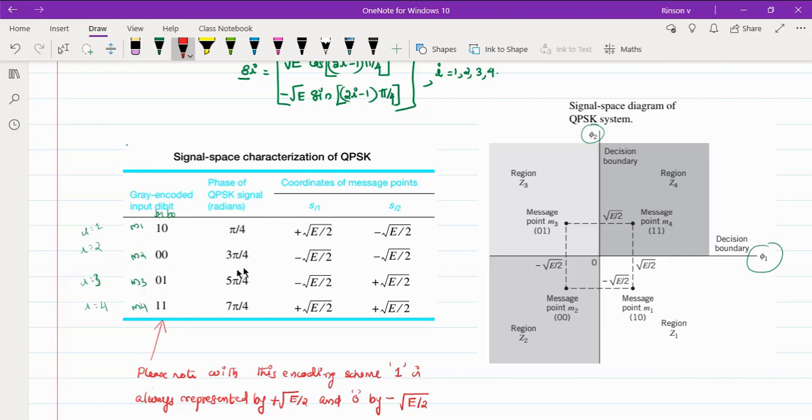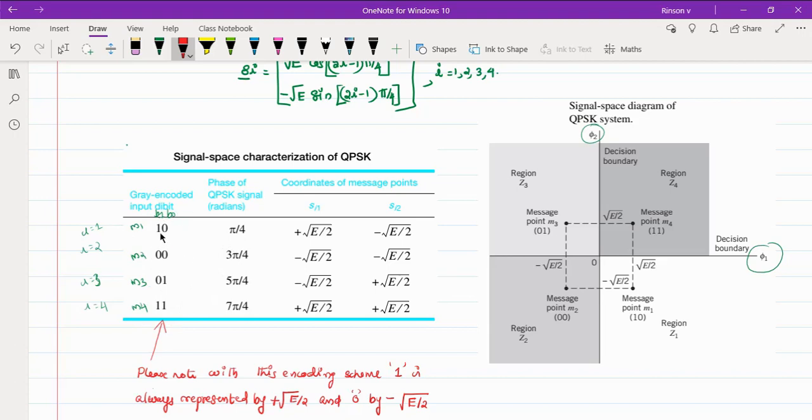To transmit M2 I will use the carrier with 3 pi by 4, M3 this, and M4 7 pi by 4. I have used a Gray encoding to represent my symbols. So this is 1 0, this is 0 0, this is 0 1 and this is 1 1. I can use a different encoding as well, but this encoding has an advantage that we will see shortly.